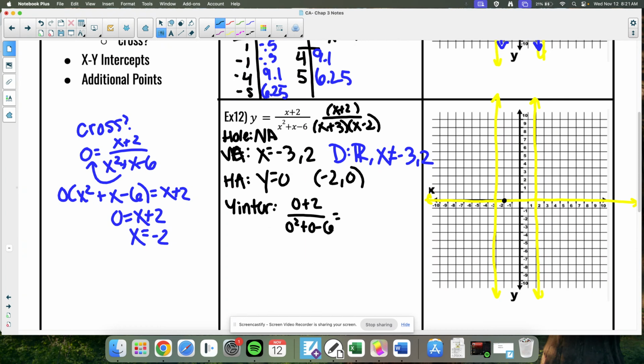So -2/6, -1/3. So that means our ordered pair, -1/3, 0. Nope, I wrote that backwards. 0, -1/3. So x is 0, we went down 1/3.